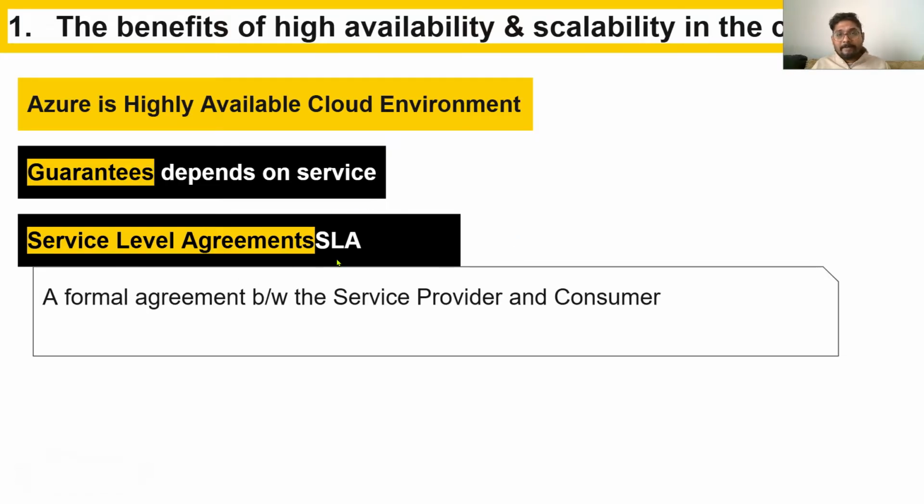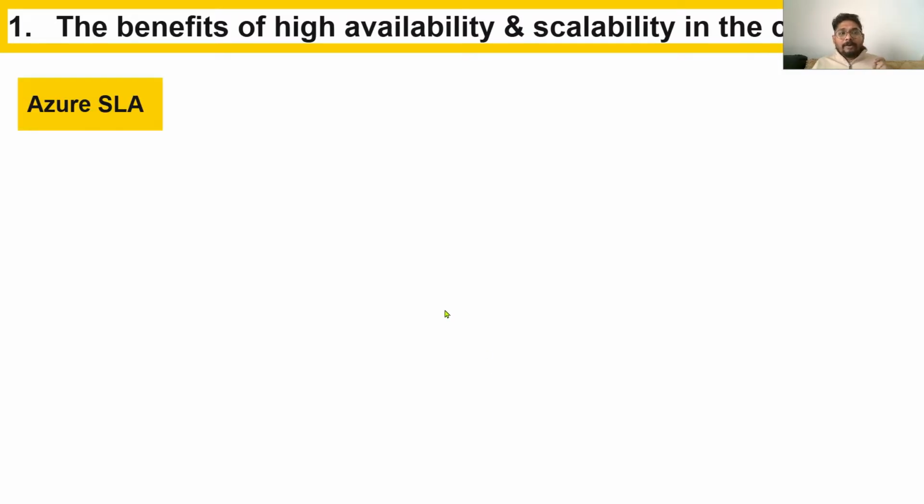So a service level agreement means there is a formal agreement between the service provider and the consumer. Now, if they do not meet this agreement, you might get some credit. Because we could not meet the agreement this month, there is a credit, a penalty to the vendor, to the service provider, and he pays you back. Similarly, there are also SLAs for Azure, and these SLAs are calculated in percentage.